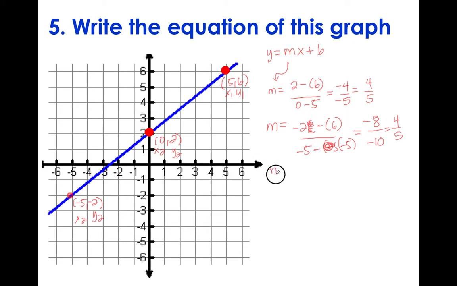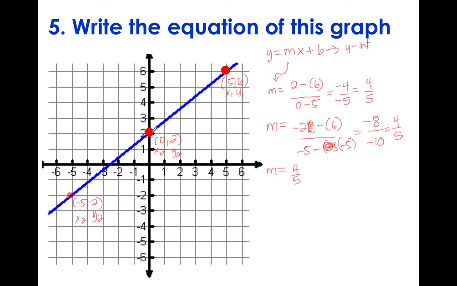I know that my m is represented by 4/5. But now let's see what our b is. And remember, this b, which represents your y-intercept, is where your line crosses the y-axis. Well, at what point does it cross the y-axis? It crosses the y-axis at 0, 2.